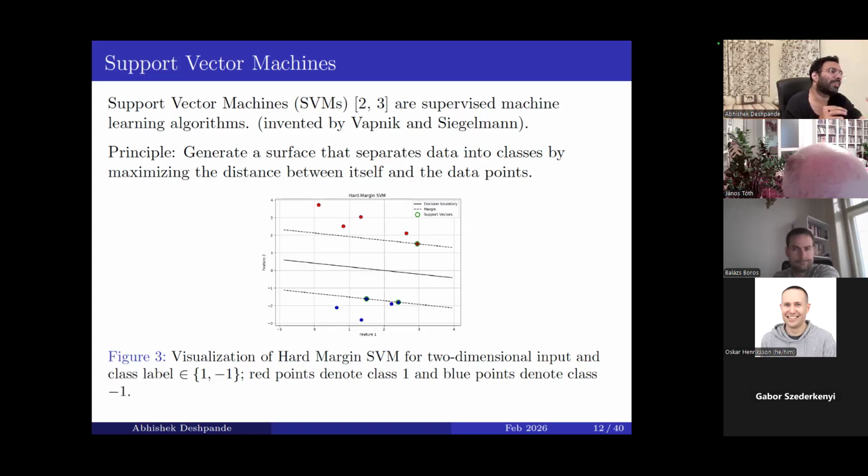For example, what you see in the figure are red dots and blue dots. The red dots represent one class, the blue dots represent another class, and we can assign a class label to each of them. So the red dots can be labeled as +1, the blue dots can be labeled as -1, and we want to know what is the best possible hyperplane that can separate this, right?